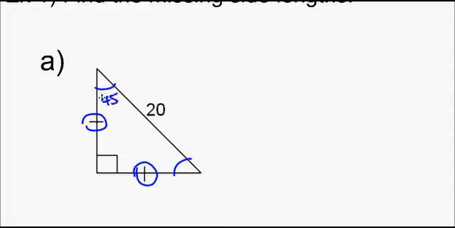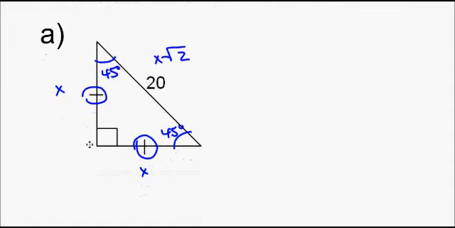The only way they're going to be equal is if they're both 45 degrees. So this means I have x, x, x root 2. You do need to memorize the ratios of the sides for these triangles. X, x, x root 2. So I know 20 is x root 2.